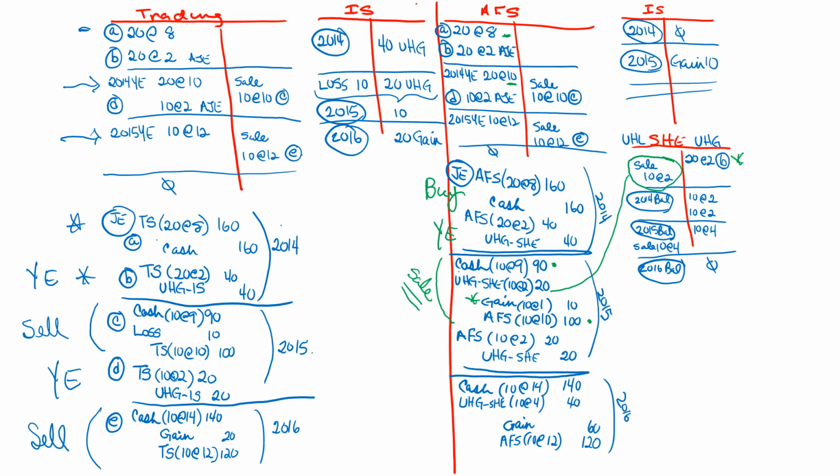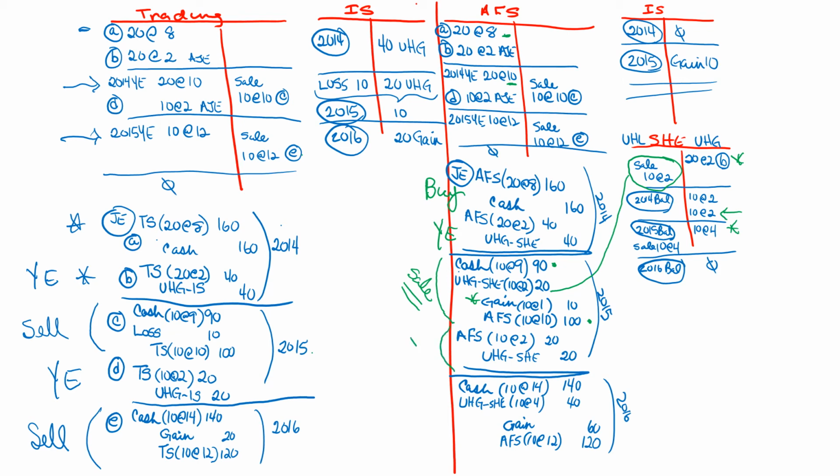But we still have shares. So at the end of the year, we have 10 remaining shares. The fair value at the end of the second year is $12. So I know that I have to write up the remaining 10 shares for the $12 versus $10, and so I'm going to make another entry for 10 shares times $2, or the difference between 10 and 12.